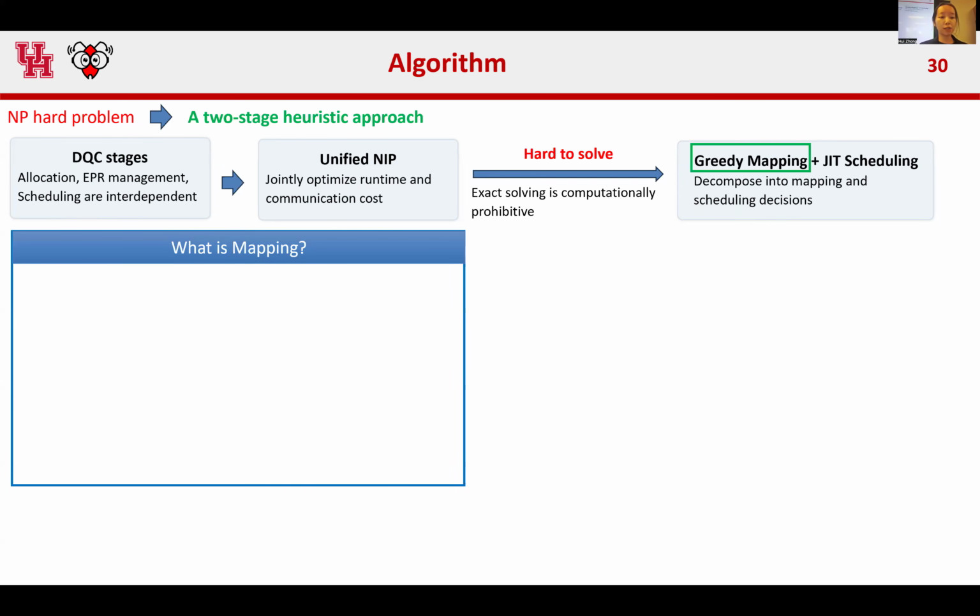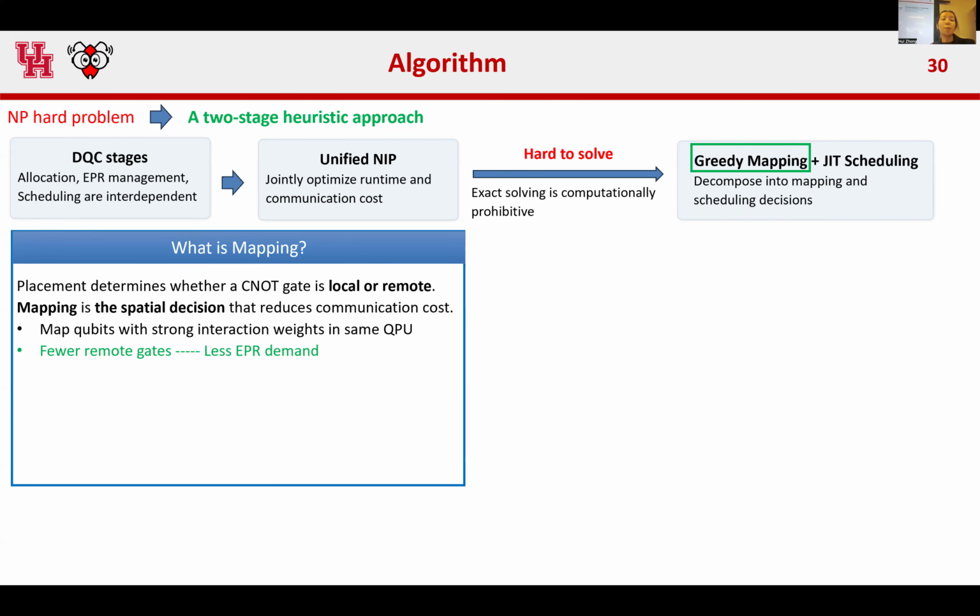Okay, so for the first one, what is mapping? Placement determines whether a CNOT is local or remote, and mapping is the spatial decision that reduces the communication cost. We will map the qubits with strong interaction weights in the same QPU, and then we will get fewer remote gates, and so less EPR demand and less execution time.